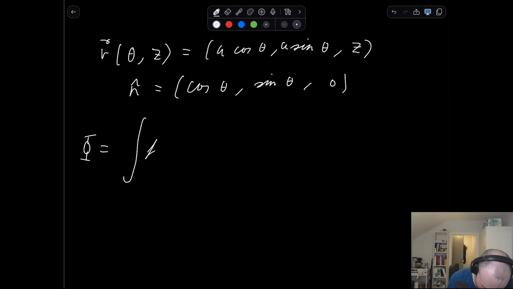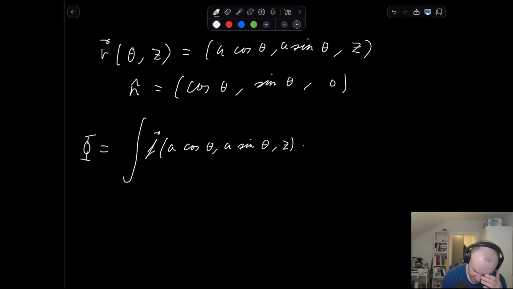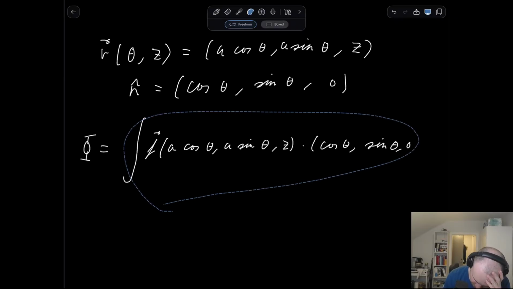It's just F, and then I want to plug in r, of course. So I have a cosine theta, a sine theta, and z, like that. I multiply that by n hat, and then I multiply that by dS. So that will be cosine theta, sine theta, 0. This is starting to get long.